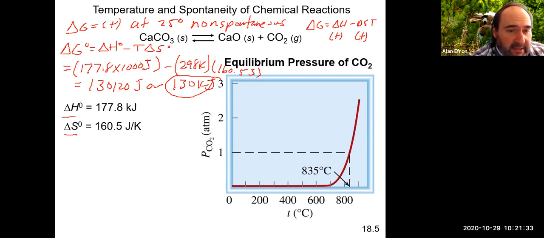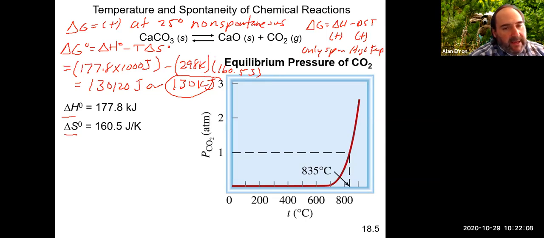As we talked about last time, when we have that positive and positive, we would expect it to be non-spontaneous at low temperatures, only spontaneous at high temperatures. 25 degrees Celsius is kind of normal temperature, so that's not considered a high temperature. So this is what we would expect to happen based on the signs and the temperature. Now, can we figure out though that, at 25 degrees, it's definitely non-spontaneous?